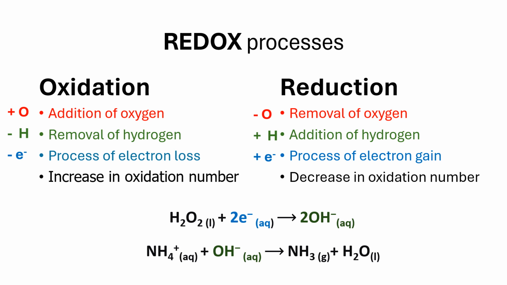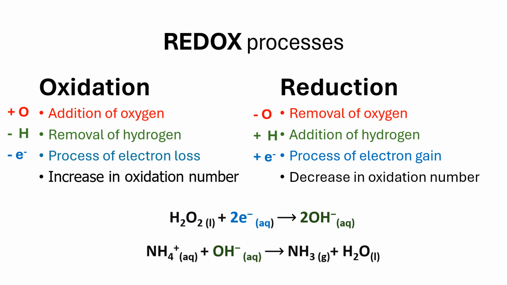Now you often see these little equations associated with redox processes. In this case, what we've got is hydrogen peroxide plus electrons going to a hydroxide ion. Then we think of the ammonia in this case reacting with a hydroxide, forming a neutral ammonia dissolved in water, in essence.